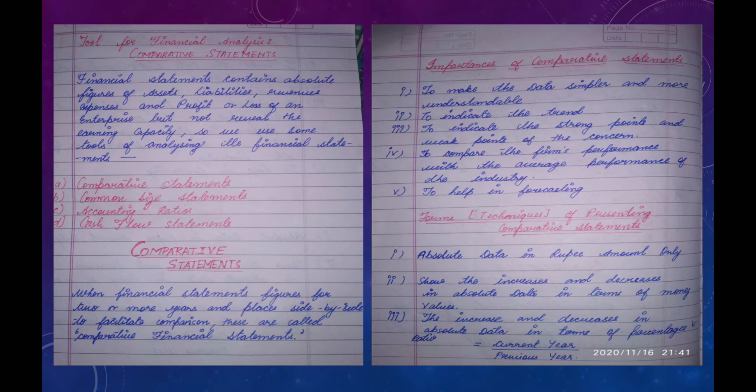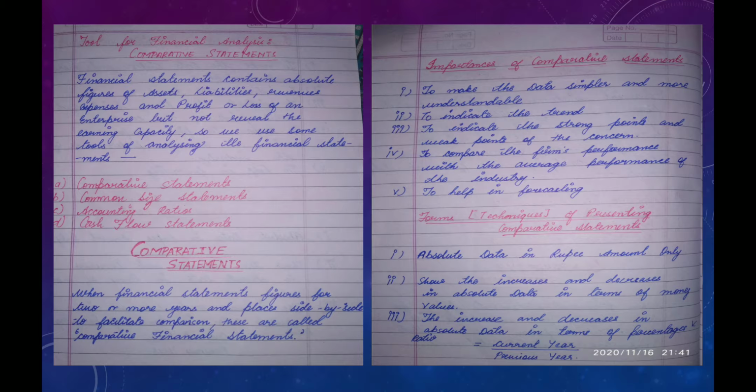By this, it indicates increase and decrease in the figures from one year to another. These statements may also show the change from one year to another in percentage form. Such comparative statements are of great value in forming an opinion regarding the progress of the enterprise. So it is a very useful tool.